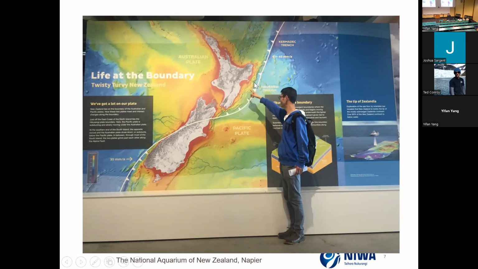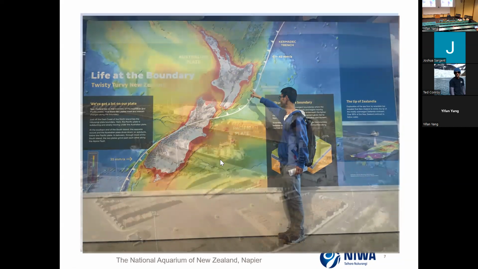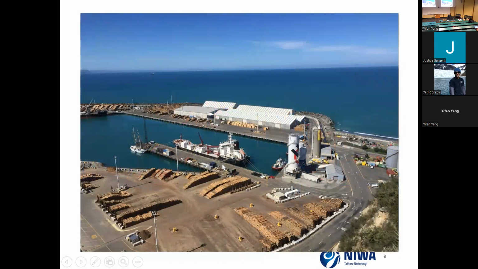You never know, and we can see the Pacific plate is moving in that direction. So we chose the Napier Port breakwater as a case study. So that's the Napier Port and Napier Port breakwater. It's facing the open ocean.